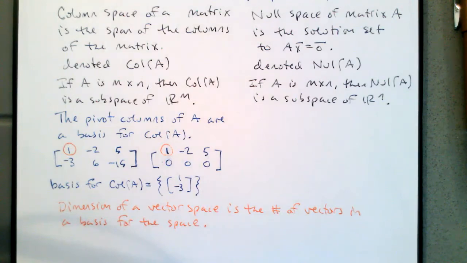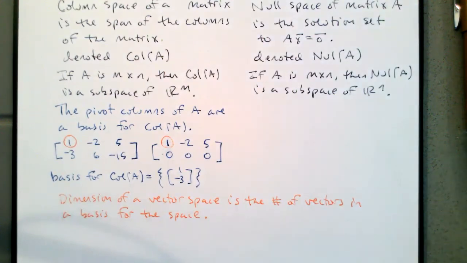The dimension of a vector space is the number of vectors in a basis for the space. So in this case, we see that the dimension of the column space of A is equal to 1.